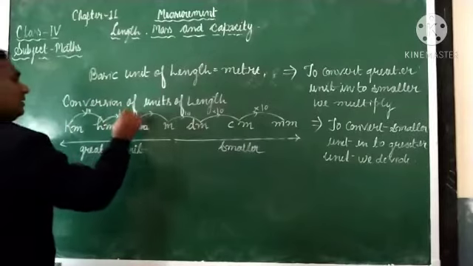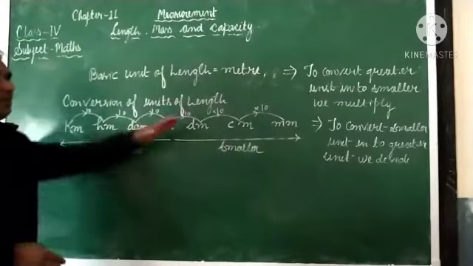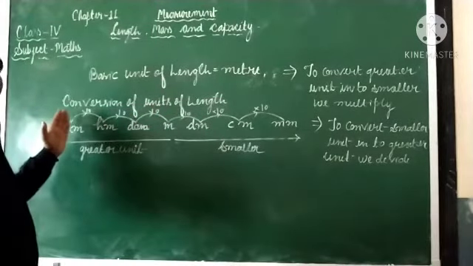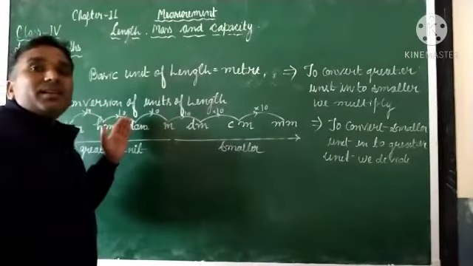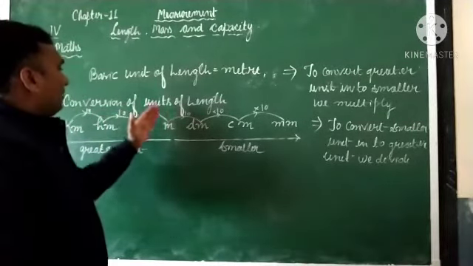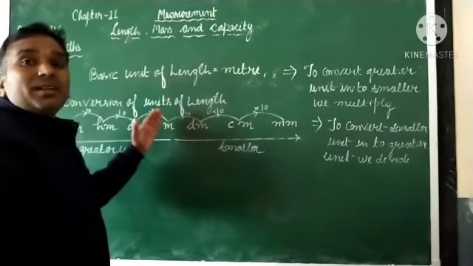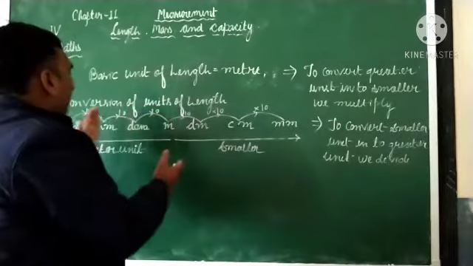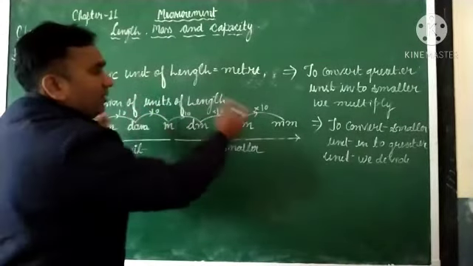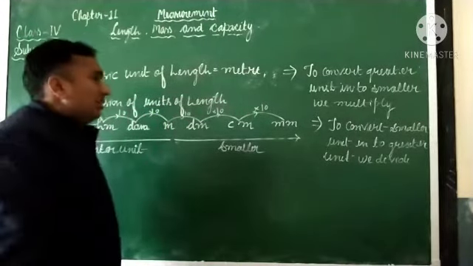Here 10, 10, 10, everywhere 10. km is 10 times greater than hm, hm is 10 times greater than dam, and dam is 10 times greater than meter. Left hand units are greater and right hand units are smaller.